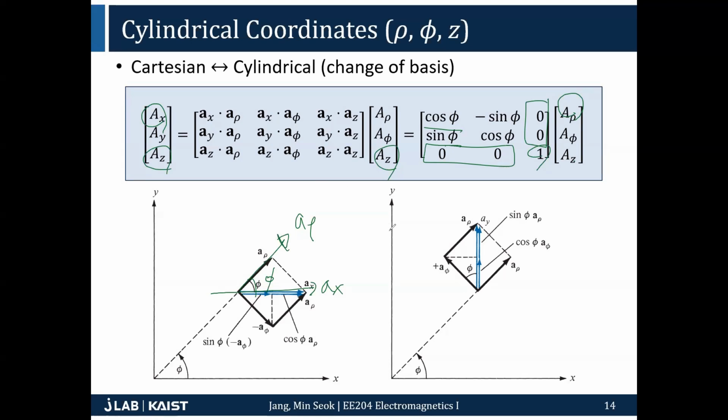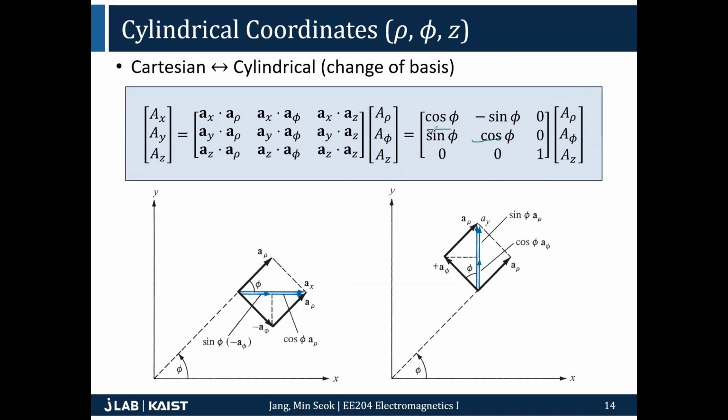Then somebody would ask, okay, so why is there a sine here? Well, that is because it's cosine of, I don't know, pi over 2 minus phi or something like this. This can be reduced to sine, right? So all you need to do again is figure out the angle between the basis vectors.